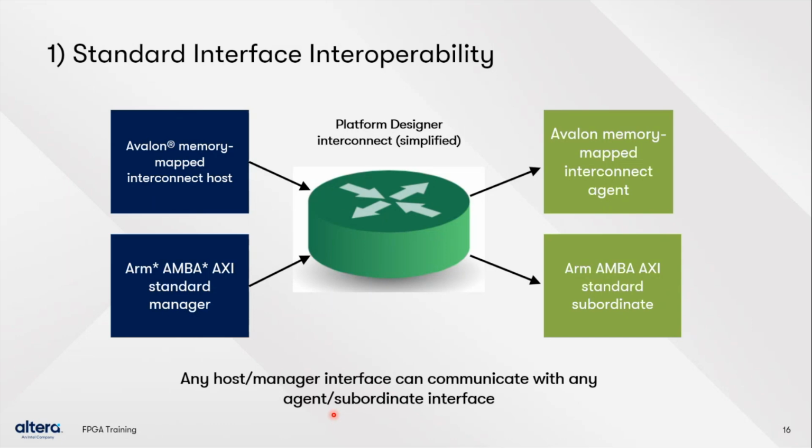The Platform Designer user guide goes into great detail on all of those circumstances, if something is on one side or not on the other side, what you get. But in general, the whole point is that you don't have to worry about those details. Platform Designer builds the interconnect so everybody can communicate with everybody else.